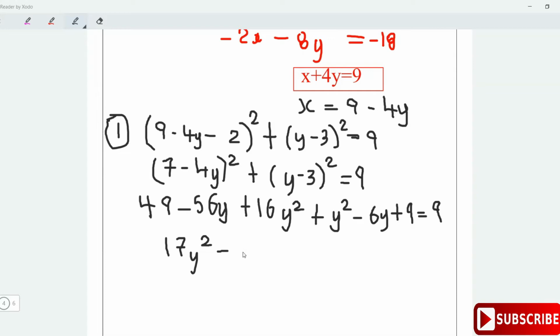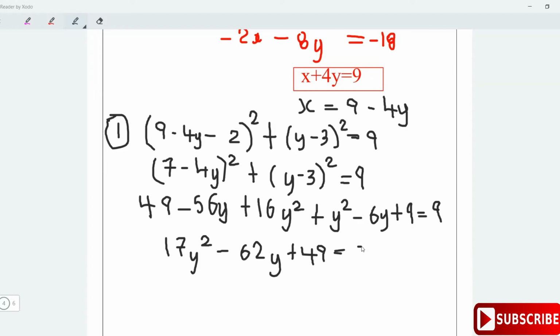And then we have 49 and we have 9 here, so 49 plus 9. Then bring the 9 over to the other side, so we subtract 9. So we end up with y squared minus 62y plus 49 is equal to 0.